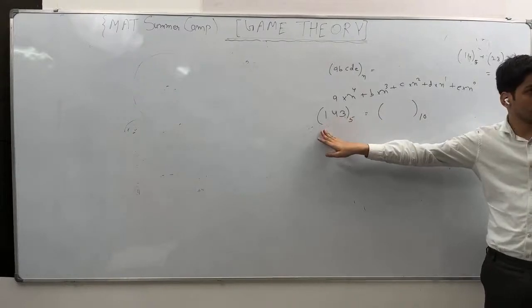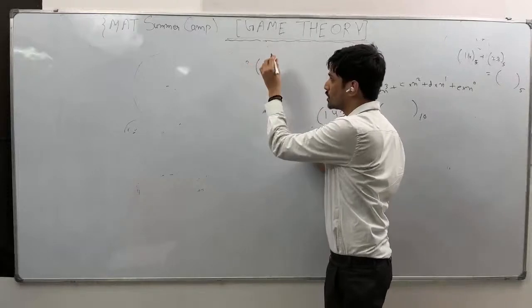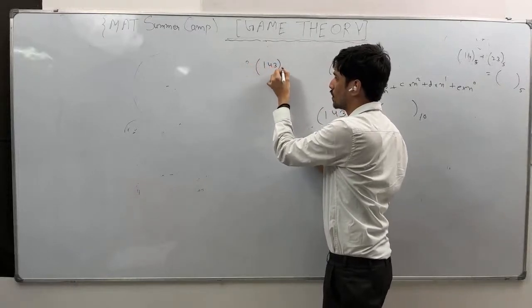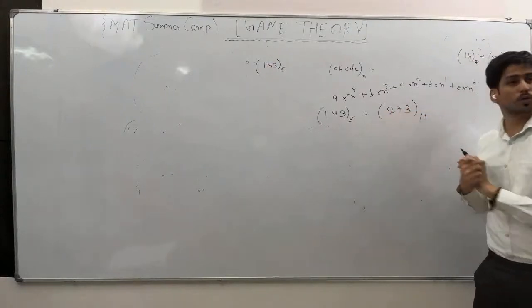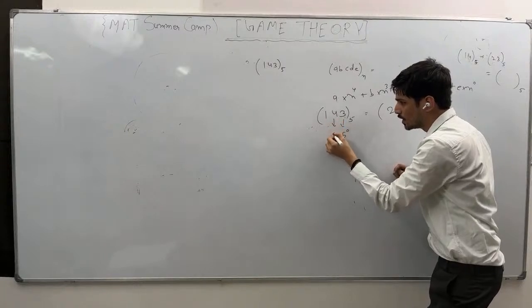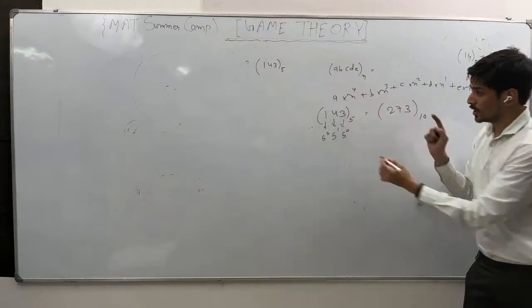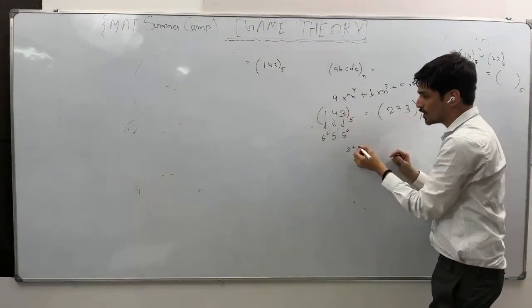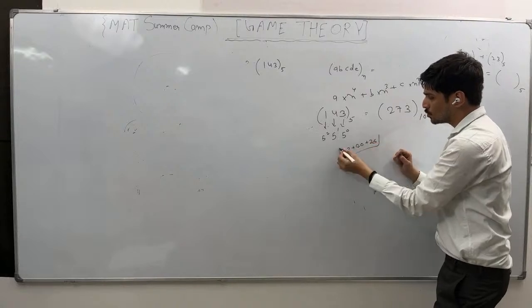This is base 5, and I am converting the same number into base 10, because at some point I am doing some calculation. 5 power 0 is 1, 1 times 3 is 3, 5 power 1 is 5, 5 times 4 is 20, and 5 power 2 is 25.